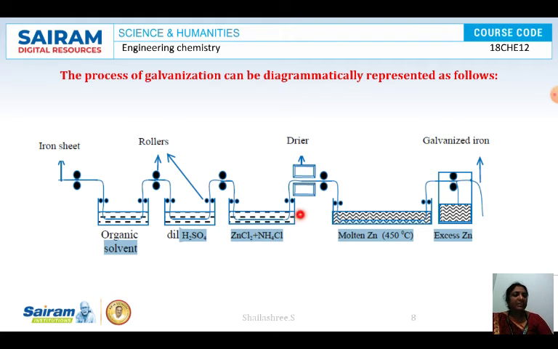Then the article is washed with lukewarm water and dried. Then it is treated with molten zinc maintained at around 450 to 500 degrees centigrade, and the extra zinc on the surface of the metal is removed by passing it between the rollers.